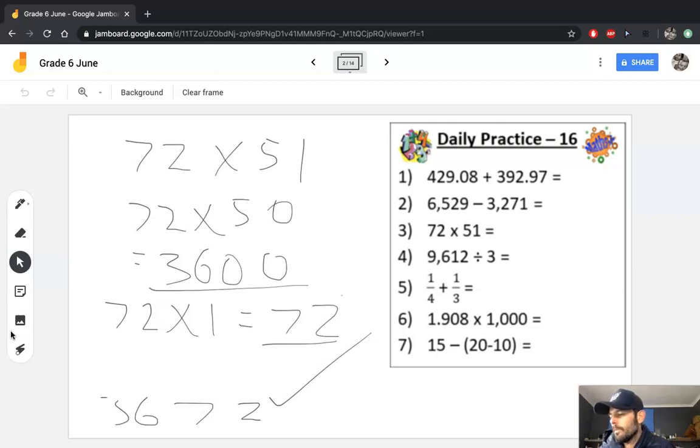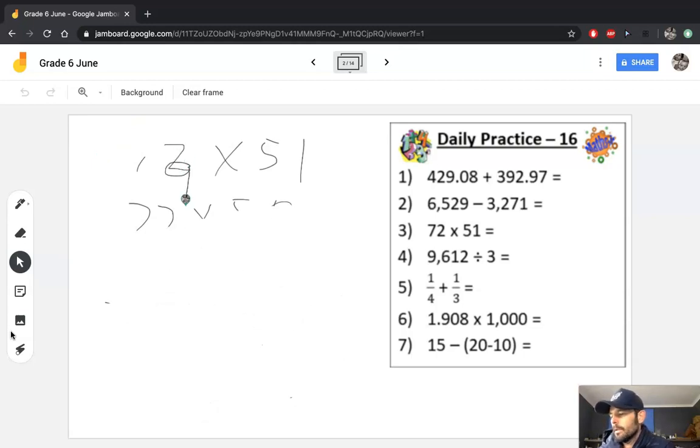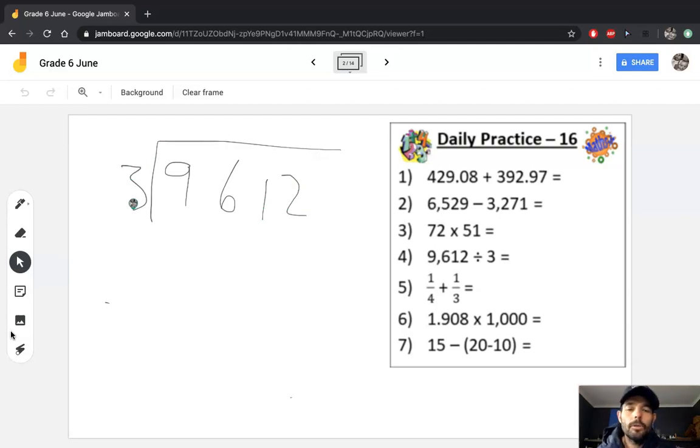Okay, so question number 4 is short division. 9,612 divided by 3. Now the first thing I'm interested to find out is if that number 9,612 is actually divisible by 3, gives you a whole number as an answer.